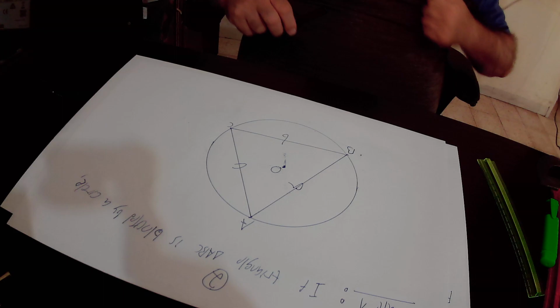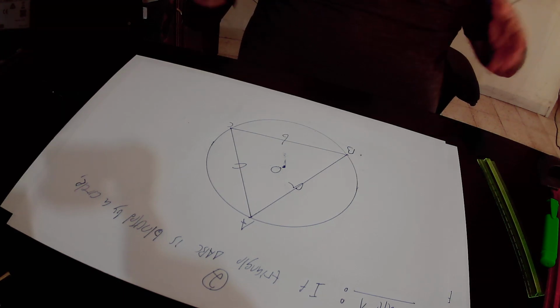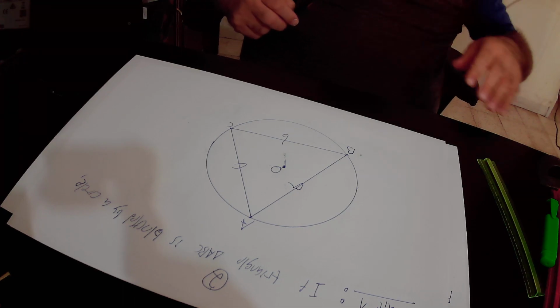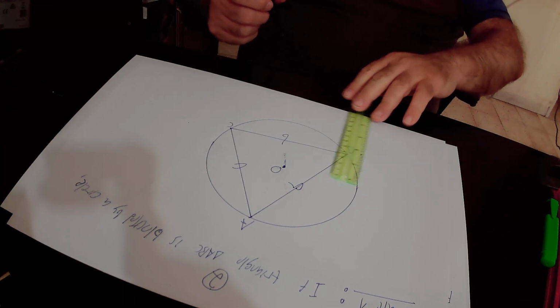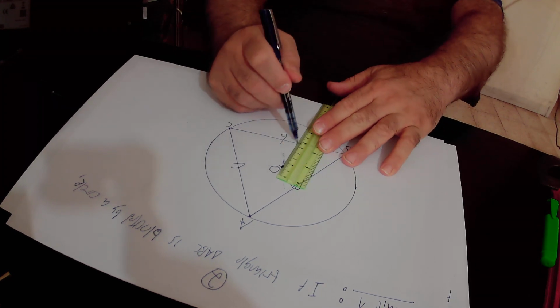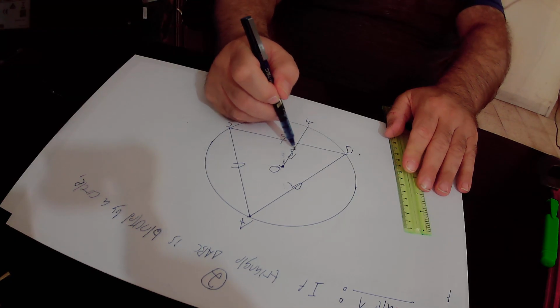And now, whenever you have a triangle that is blocked by a circle, the following equation will be true. We'll define the radius of this circle as capital R, here OM equals capital R according to our definition.